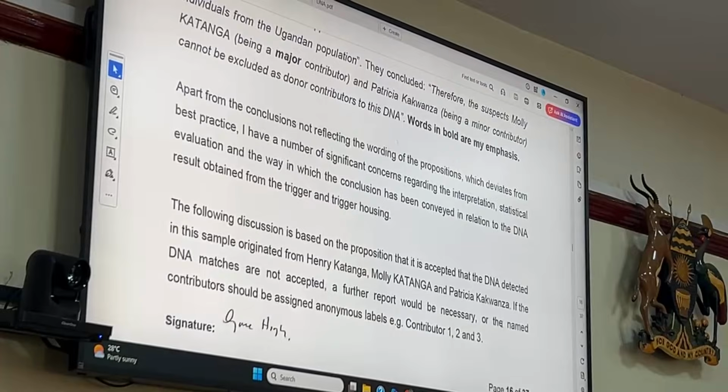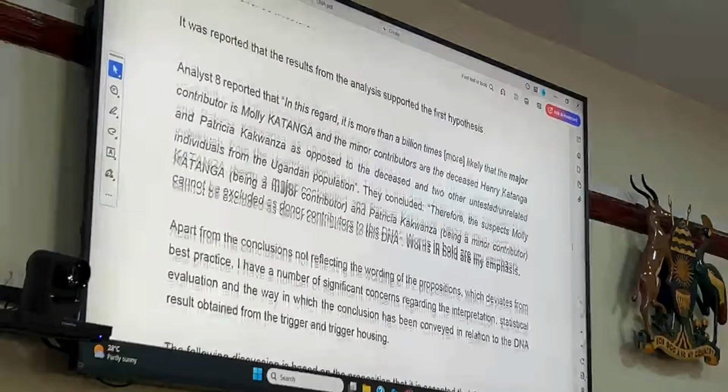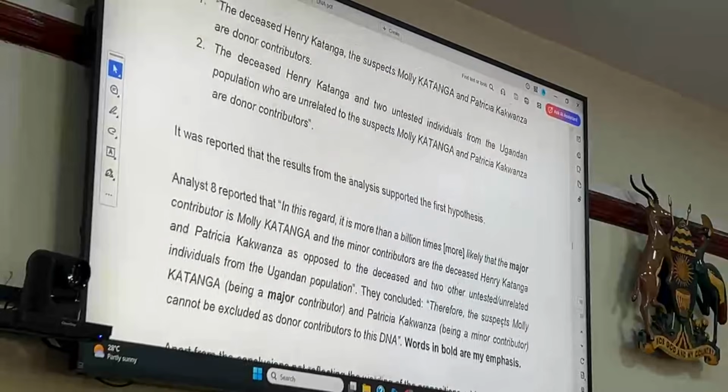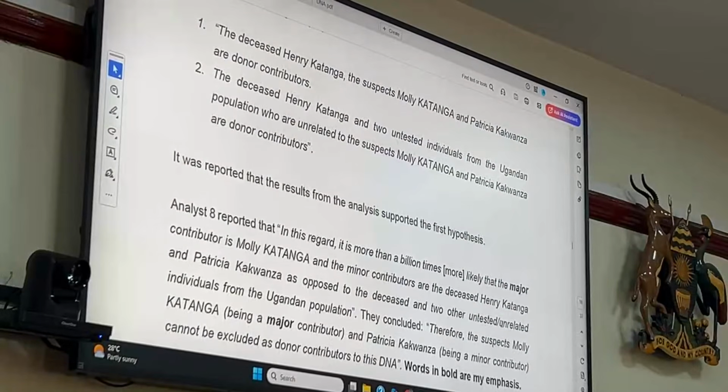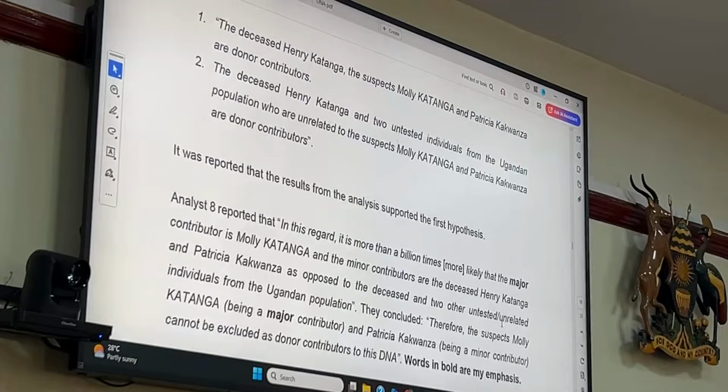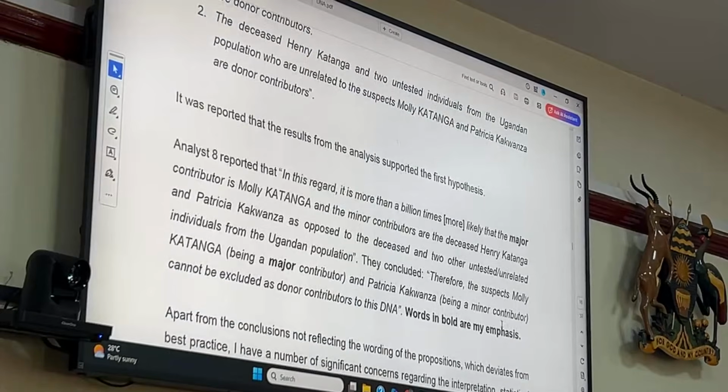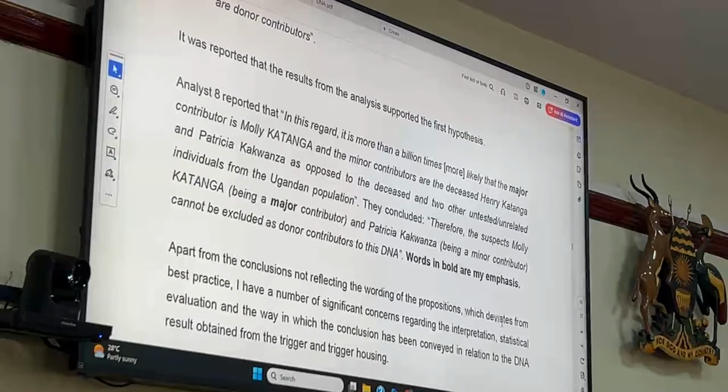We also talk about the wording of the propositions. Can you explain to me what you mean? Yes, so the actual propositions are just considering the presence of DNA from Molly Katanga. In the final conclusion, the term major contributor has entered.